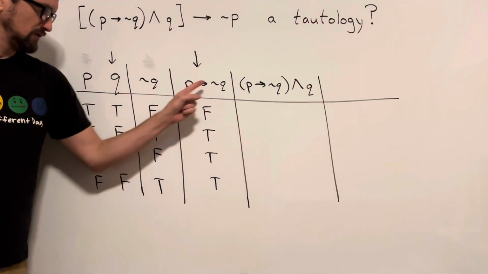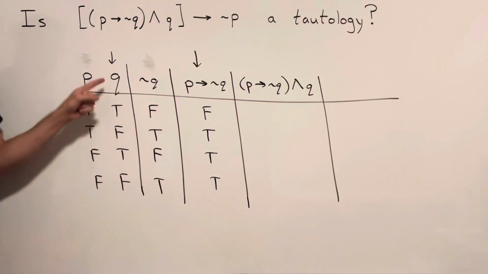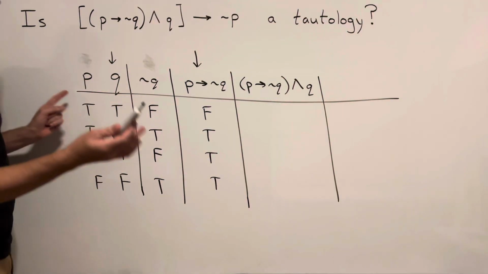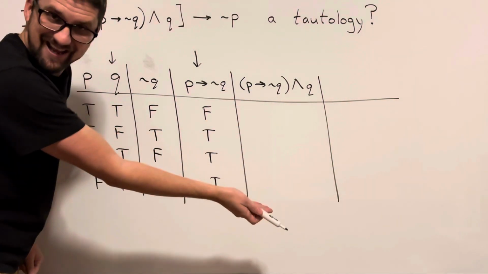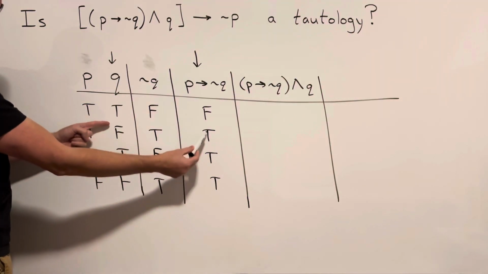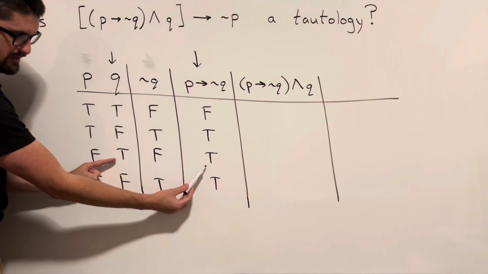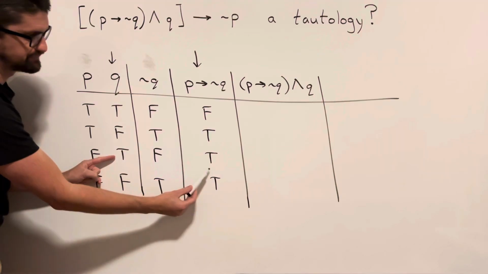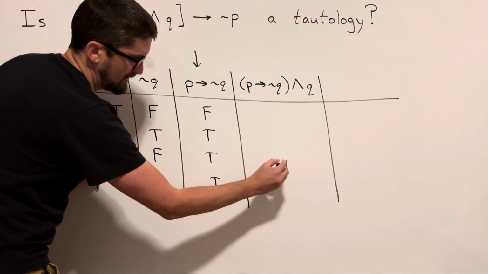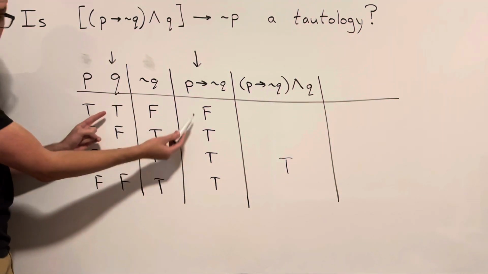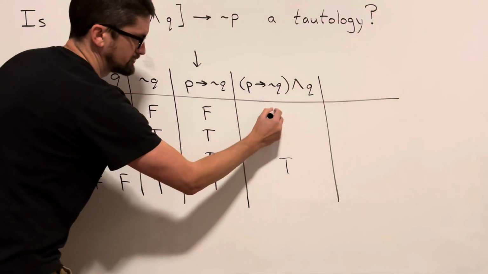The column for the conditional here and the column for Q. If they're both true, then the and situation is true. So go down, there's one scenario where they're both true. That third one down. All the other scenarios are going to be false.